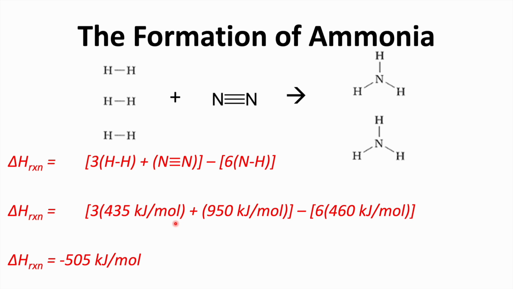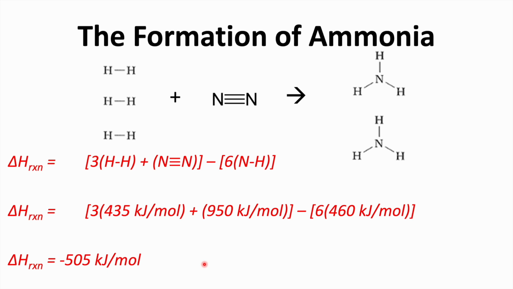So when we plug in our numbers for our bond enthalpies, we get 3 times 435 kilojoules per mole plus 950 kilojoules per mole minus 6 times 460 kilojoules per mole, which comes out to a heat of reaction of negative 505 kilojoules per mole. The fact that our heat of reaction came out to be negative tells us the formation of ammonia is an exothermic reaction. It's one that releases energy.